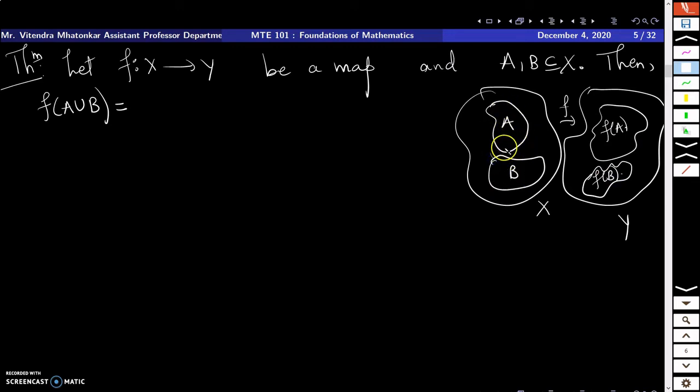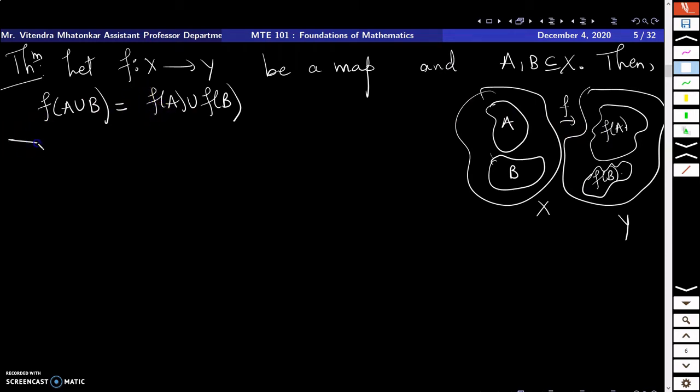That is what we will see now. We will see that f of A union B is nothing but f of A union f of B. So the image of the union of two sets is nothing but the union of their images.